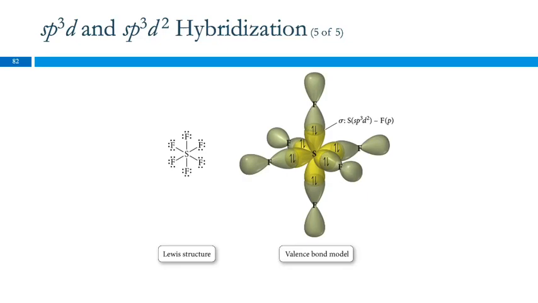Now, can it do other things? Well, fluorine can't. But chlorine and bromine and iodine can, because they have d orbitals that they can expand into. Sulfur normally would just make 2 bonds, but when it expands into the d orbitals, then it can make more.